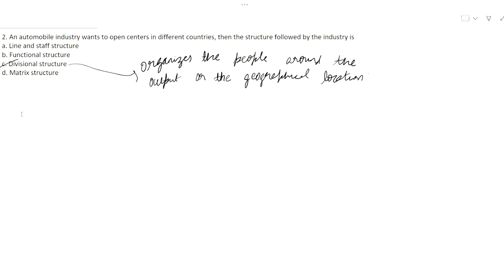The structure followed by the industry is the divisional structure, that is, it organizes the people around the output or the geographical location. There were also some questions on divisional structure based on geographical location and based on output.